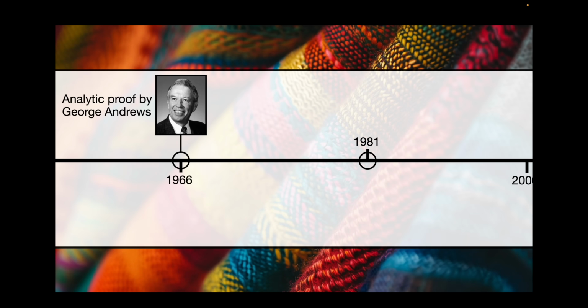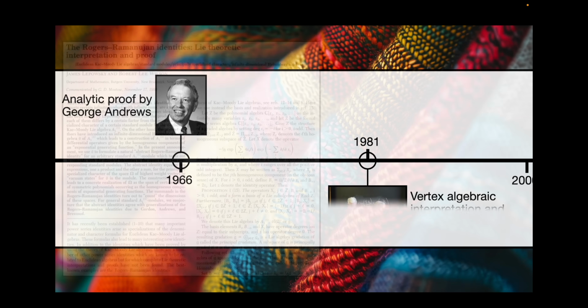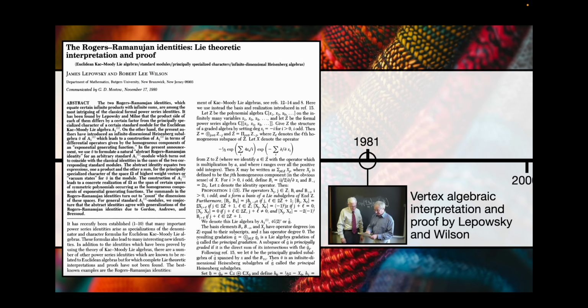Now, moving on to 1981, we have the first vertex algebraic interpretation and proof by Lepowsky and Wilson. And so Lepowsky and Wilson were instrumental in the early days of using vertex algebraic techniques to study modules of affine Lie algebras. And well, that's what they did here.